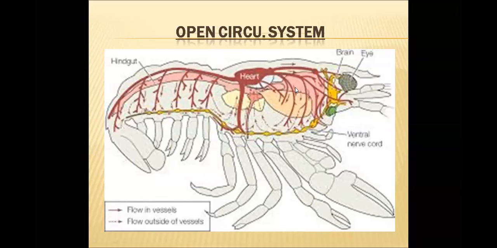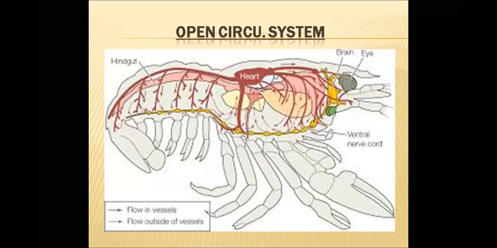So here, in open circulatory system, we will be having hearts, arteries, and veins. Veins will be collecting blood from the various organs. Arteries will be supplying blood to all other body parts. And these arteries and veins are connected to each other with blood capillaries. So nowhere they are separated.